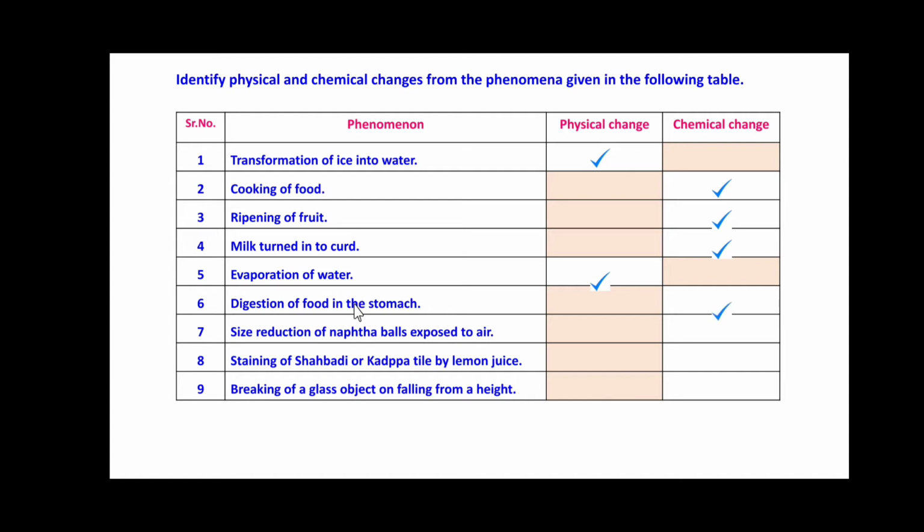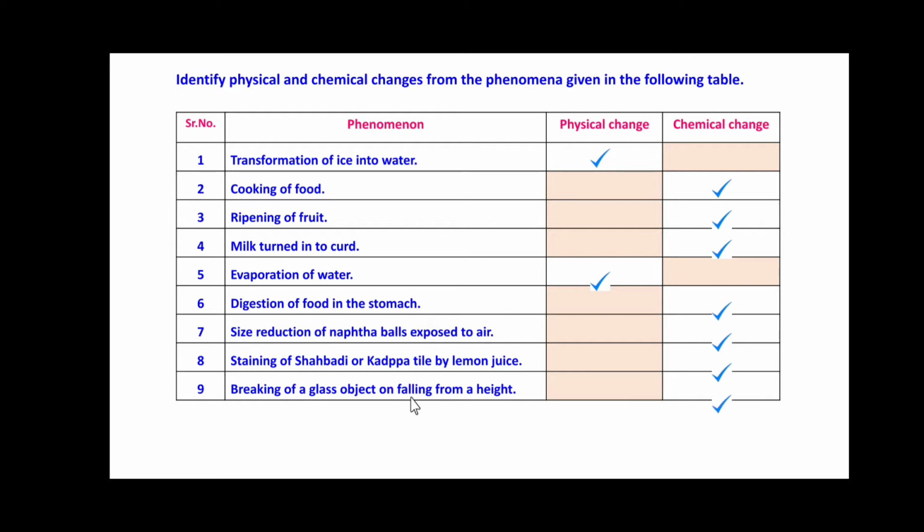Digestion of food in the stomach. That is a chemical change. Size reduction of naphtha balls exposed to air, that is a chemical change. Staining of Shahabadi or Kadappa tiles by lemon juice is again a chemical change.